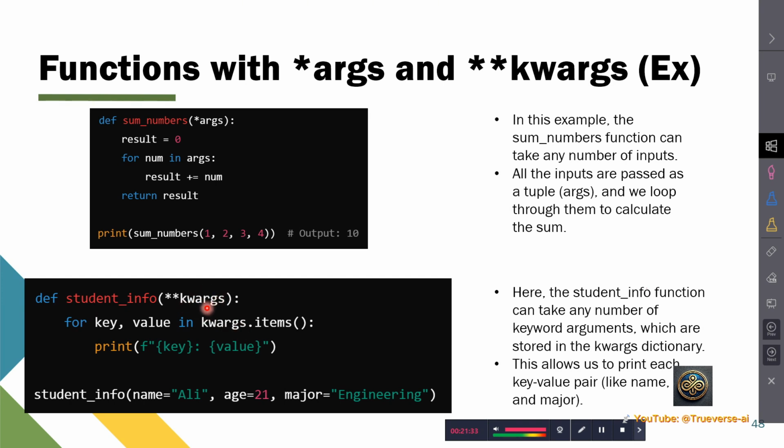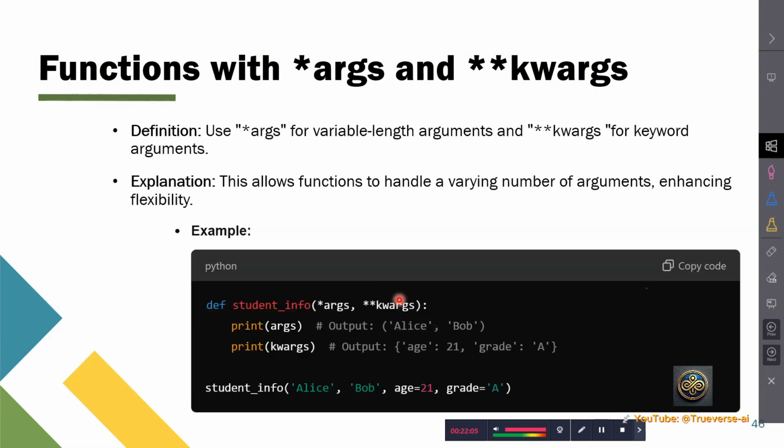This allows you to print each key-value pair. So when you use this one, in your function you can put much information like this, either key, value, key, value, key, value, because this is dictionary format. Or you can use both of them, like here.